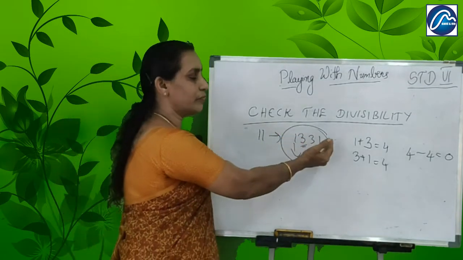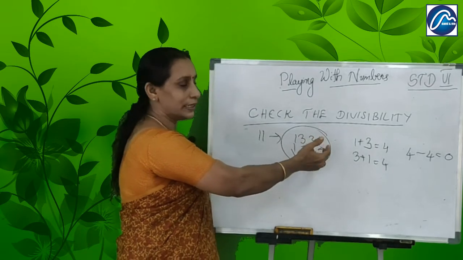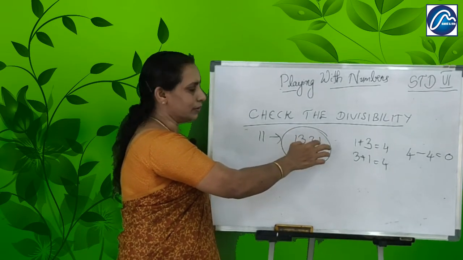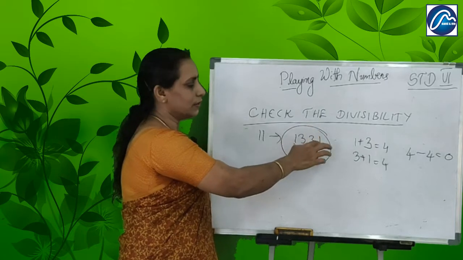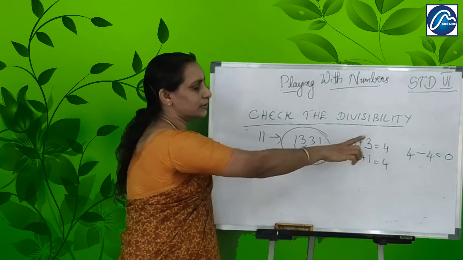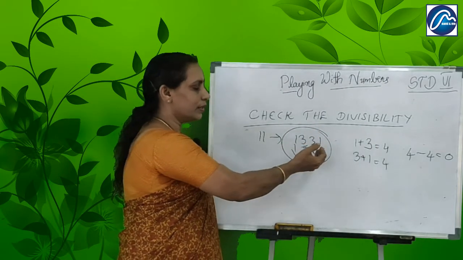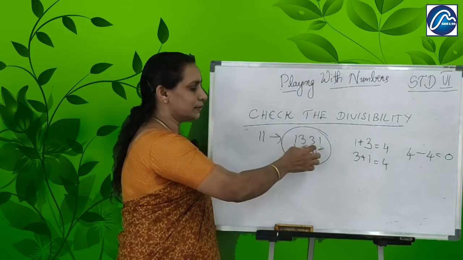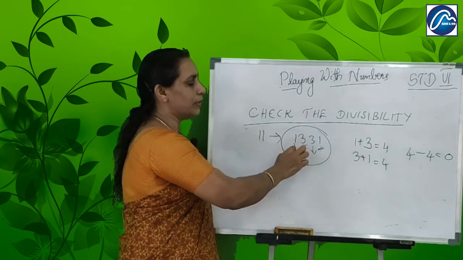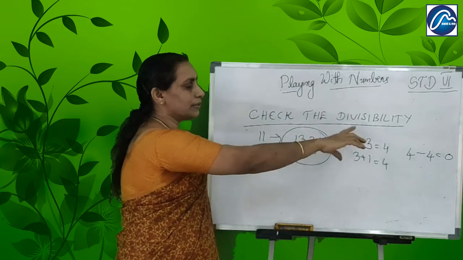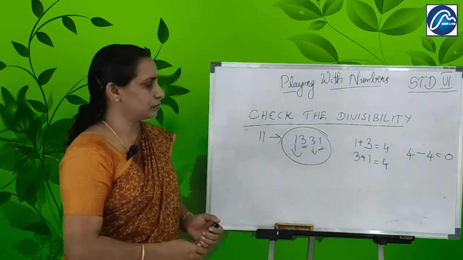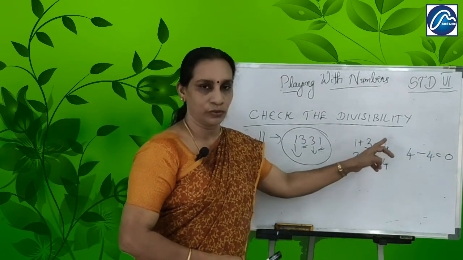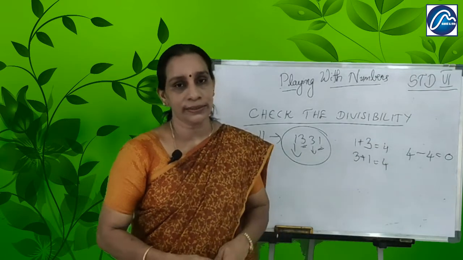From the right of the number, you have to take the odd places, okay. First, third, then add these 2 digits, 1 plus 3, 4. Then even places, second and fourth, 3 plus 1, 4. Then subtract these two numbers, then you will get 0.